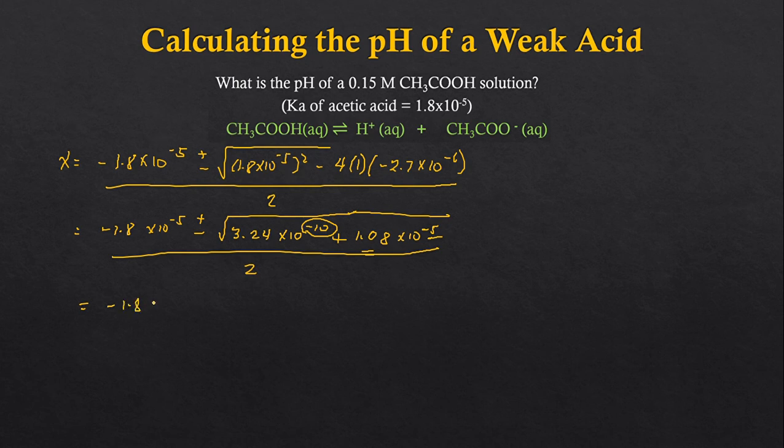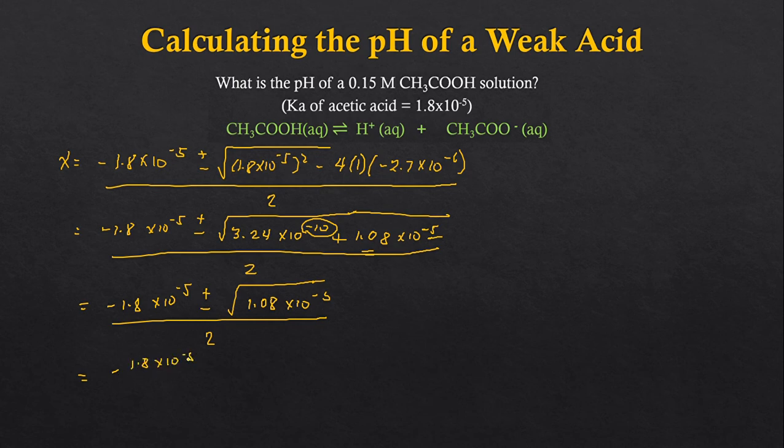So, negative 1.8 times 10 to the negative 5 plus or minus the square root of 1.08 times 10 to the negative 5 all over 2. Okay? So, this is, anong square root ng 1.08? So, kalalabasan niyan is negative 1.8 times 10 to the negative 5 plus or minus 3.27 times 10 to the negative 3 all over 2.